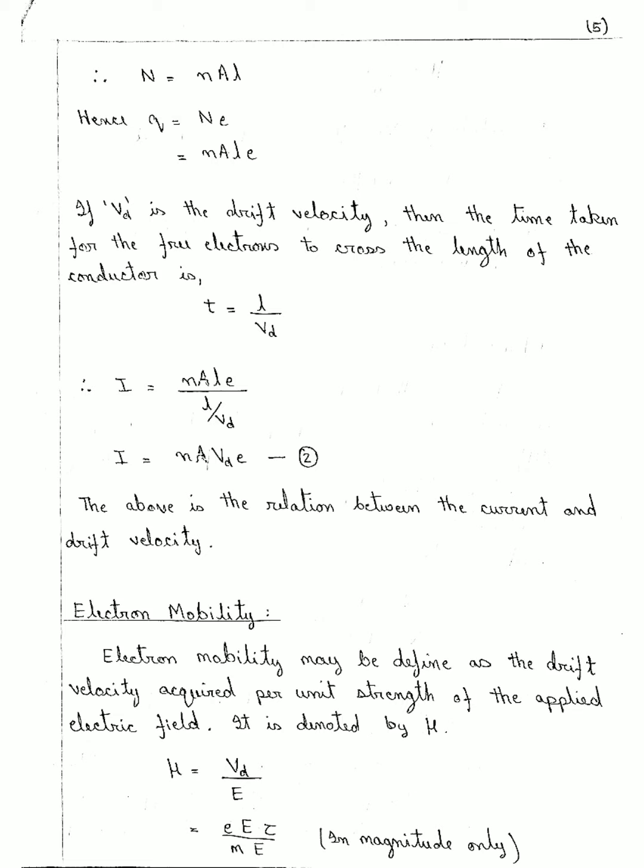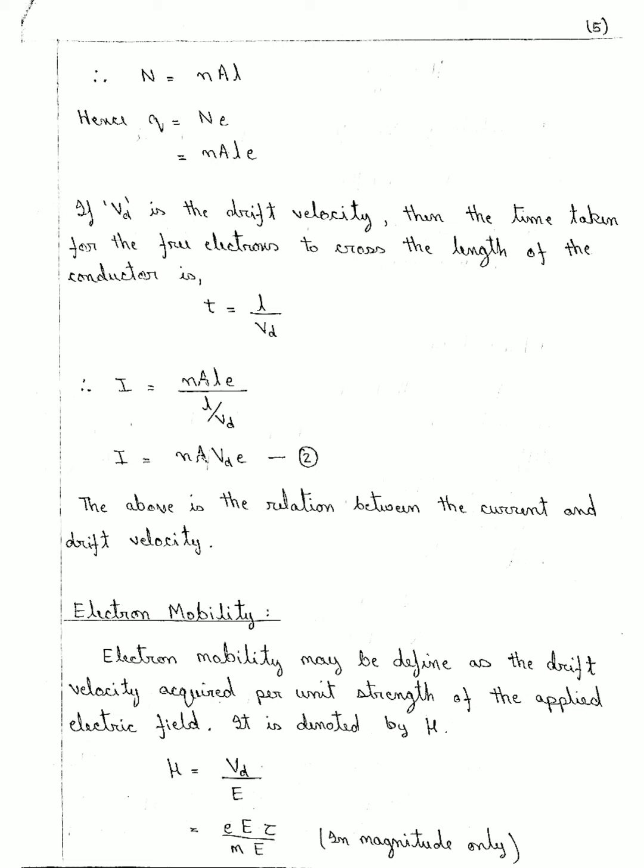Then the time taken for the free electrons to cross the length of the conductor is given by this formula: t is equal to L by Vd. Now this comes from the definition of velocity. Velocity, or speed, is equal to length divided by time. Hence the time is equal to length divided by the velocity Vd.